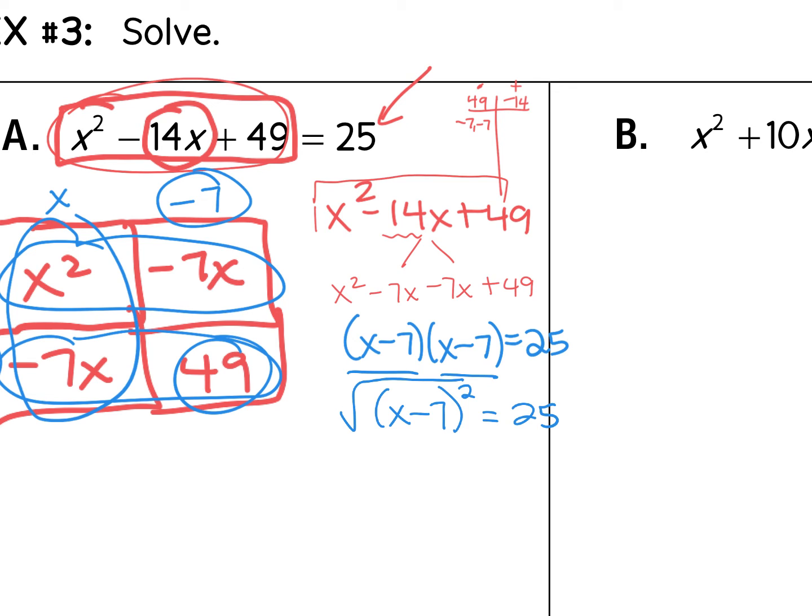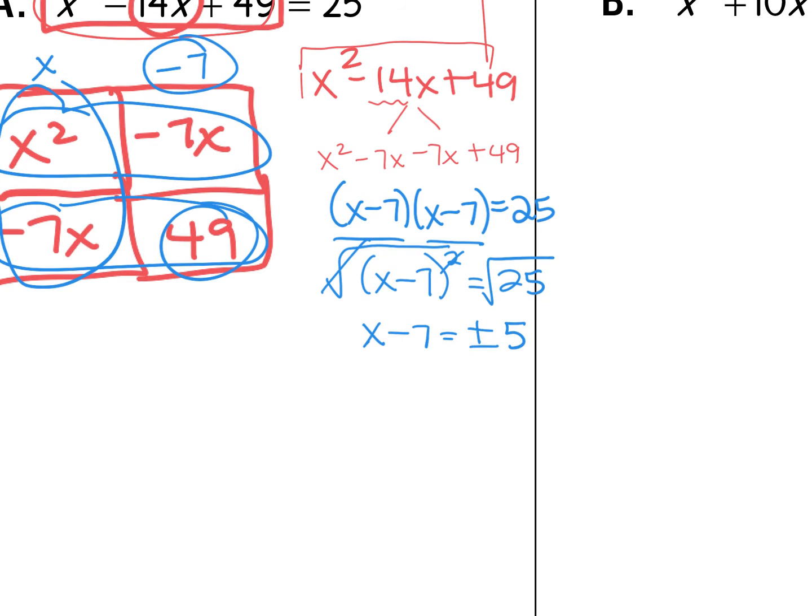If I square root both sides to get rid of the square, that leaves me with x minus 7 because the square root and the square cancel. And remember, when we take the square root of both sides, we need a plus or minus in front of our solution. So the square root of 25 is what number times itself gives me 25? That's positive 5 or negative 5.